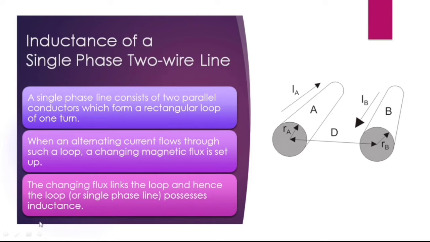When an alternating current flows through such a loop, when I am considering here an alternating supply connected to the system, we are saying that this is a rectangular loop.